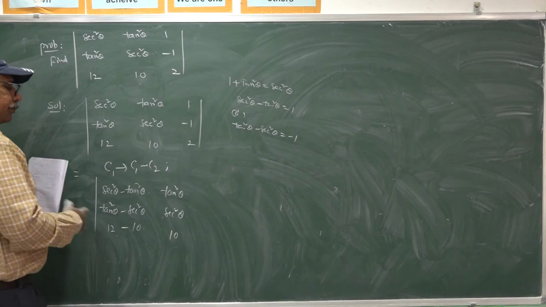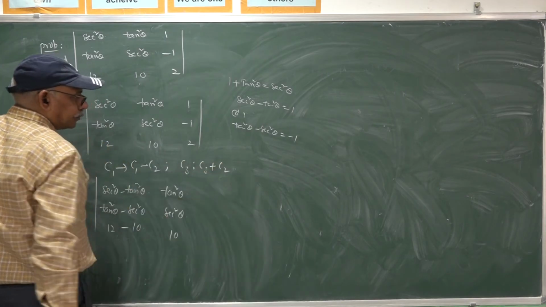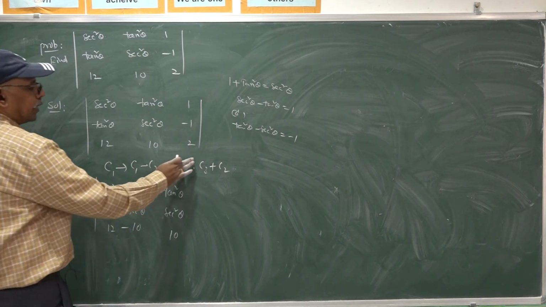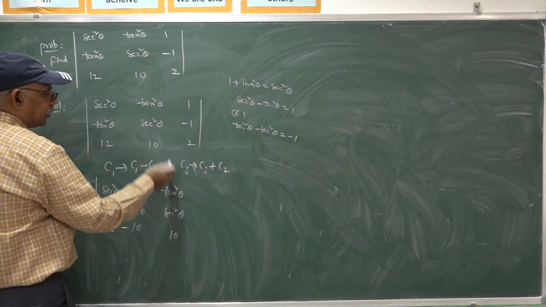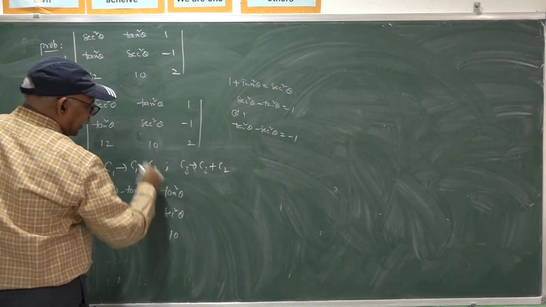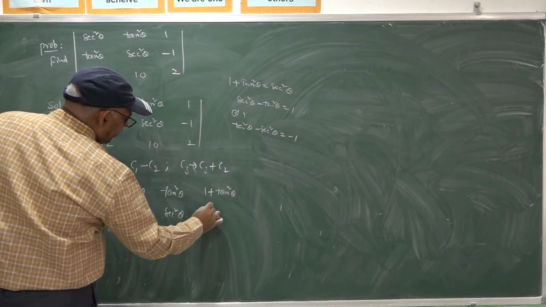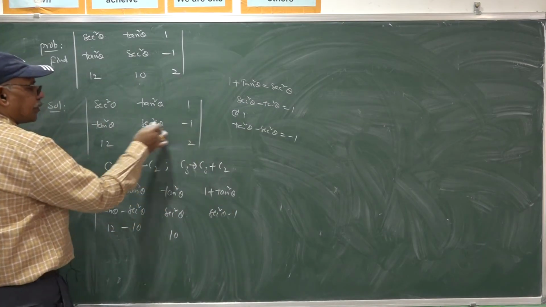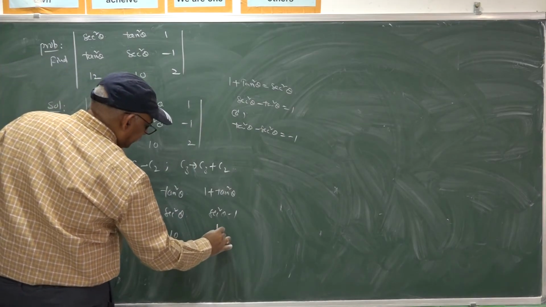Now C3 becomes C3 plus C2, because C2 is unaffected, you can add this column to this one. So we get 1 plus tan square theta and secant square theta minus 1 here, minus 1 plus secant square theta. Adding these two, 12.